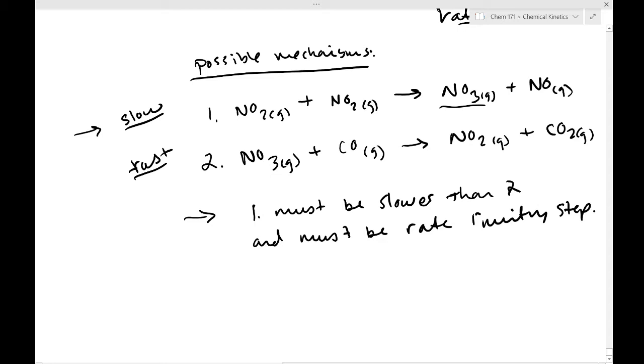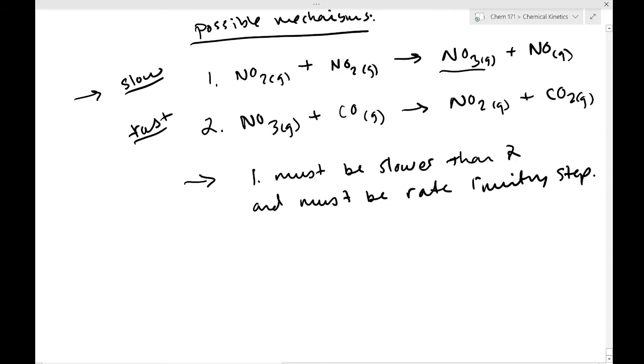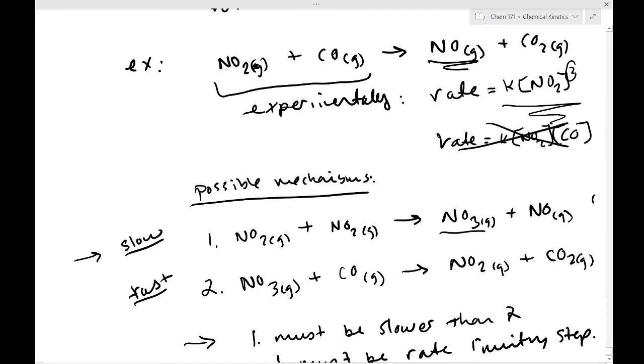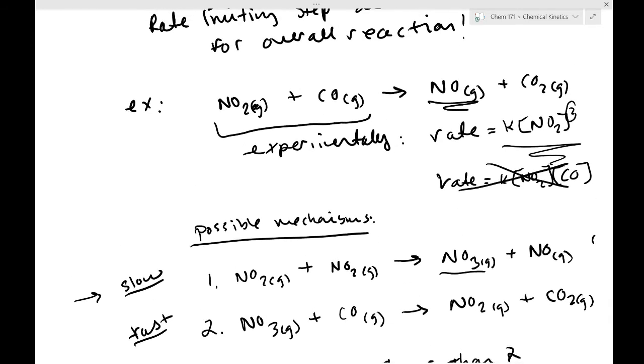From this, we can form the overall rate by simply looking at step number 1 because it's an elementary step. So the rate from this would be equal to k times [NO2] squared, which is exactly what we had up above.